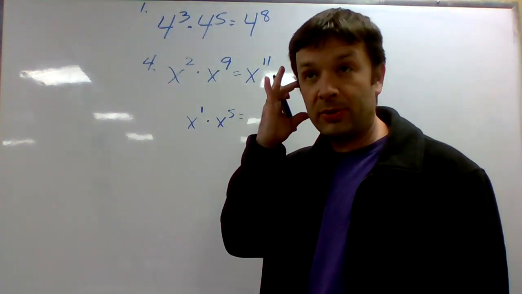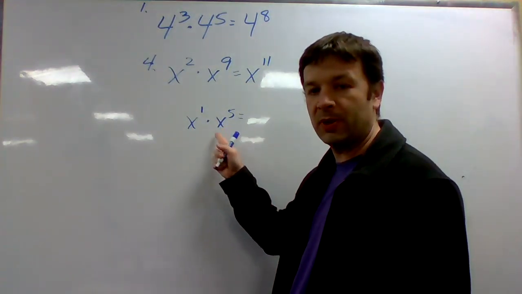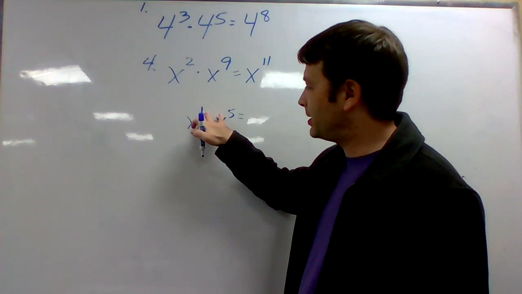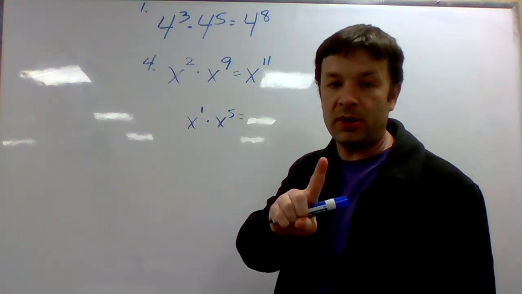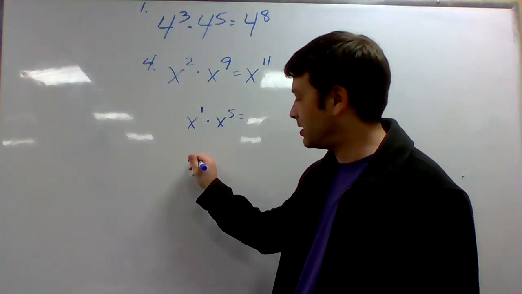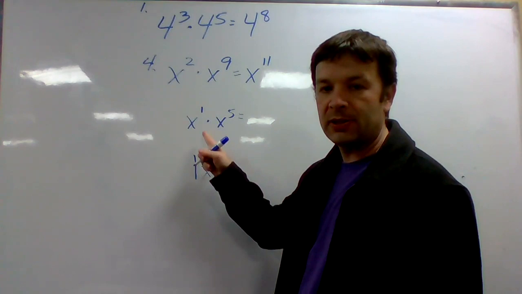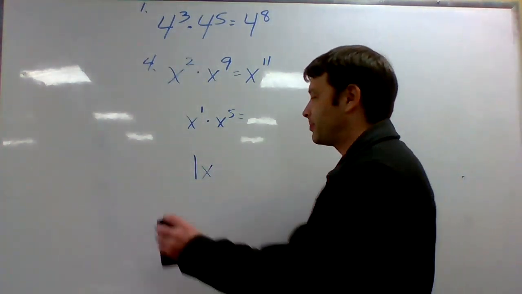Technically it's worth 1, and then 1 times whatever would just be whatever, so it would just kind of go away. But anyway, if there is no exponent, the exponent is a 1. Kind of like if there is no number in front, we just say that's a 1x, right? So same thing on exponents. If they don't put an exponent, that's like the first power.